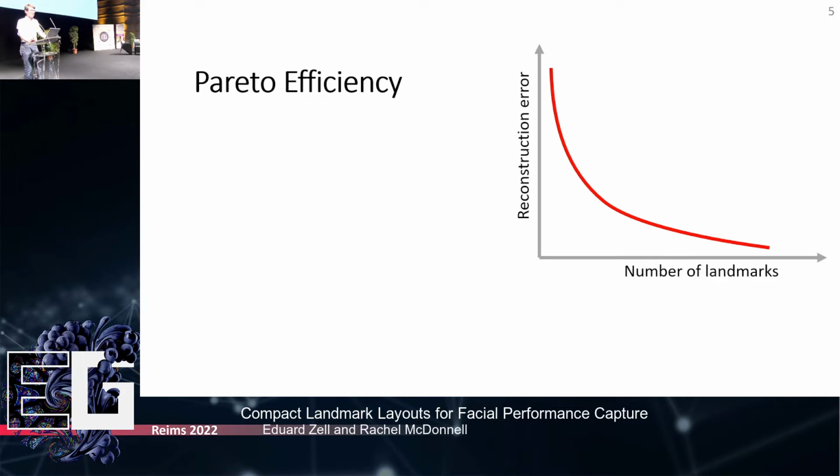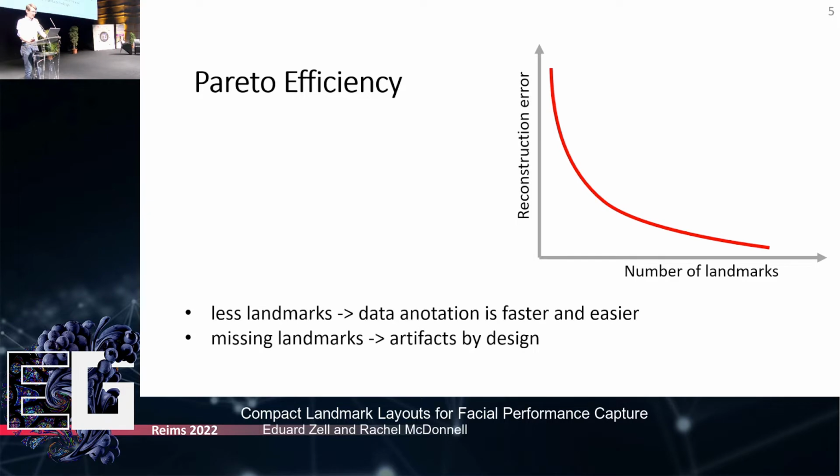So what differentiates a good from a bad layout? Typically, the more landmarks we have, the smaller the reconstruction error will be. At the same time, having fewer landmarks can substantially speed up and simplify tasks, like data annotation or computations in general.